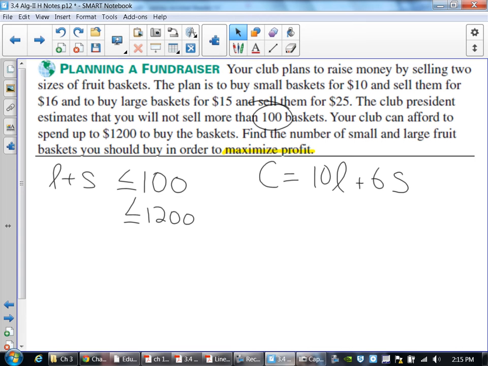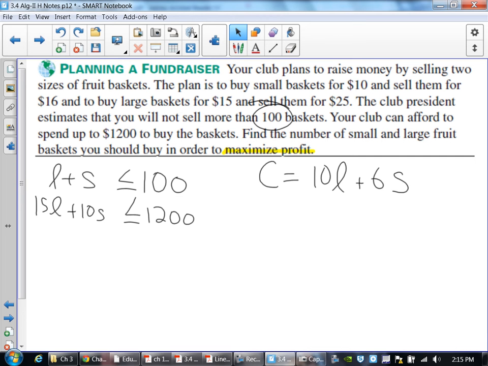Well, how much am I spending per every large basket? 15. And how much per every small basket? 10. So it's 15 per large basket and 10 per small basket. Doesn't mean that I'm going to spend all my money on small baskets or all my money on large. There might be some mixture of the two to maximize it.